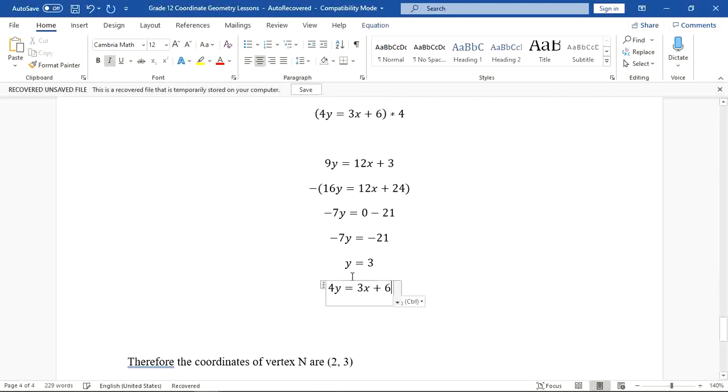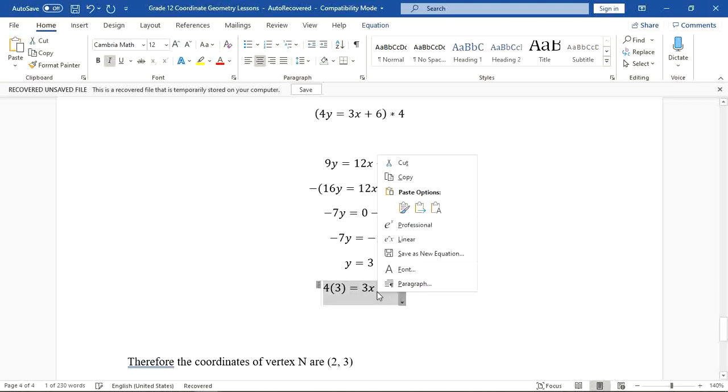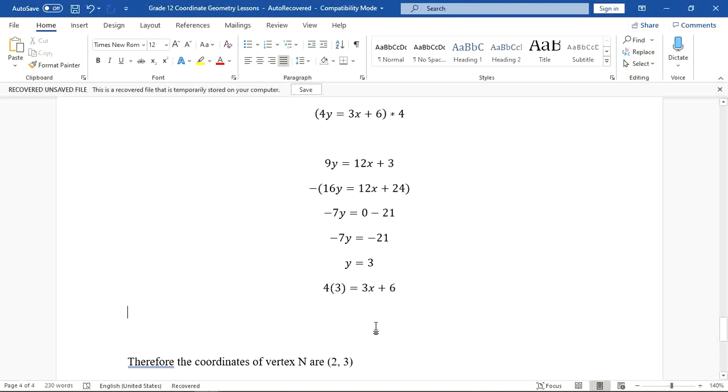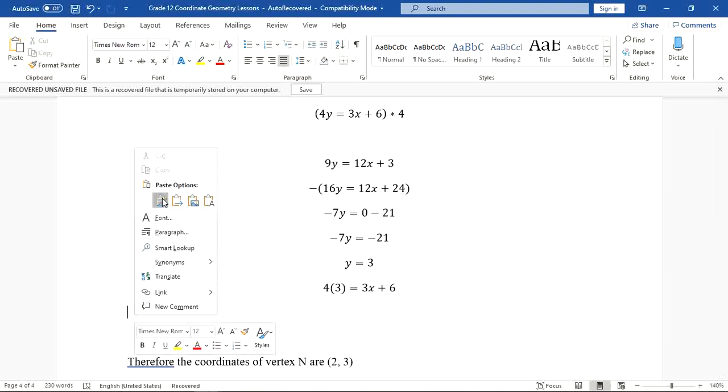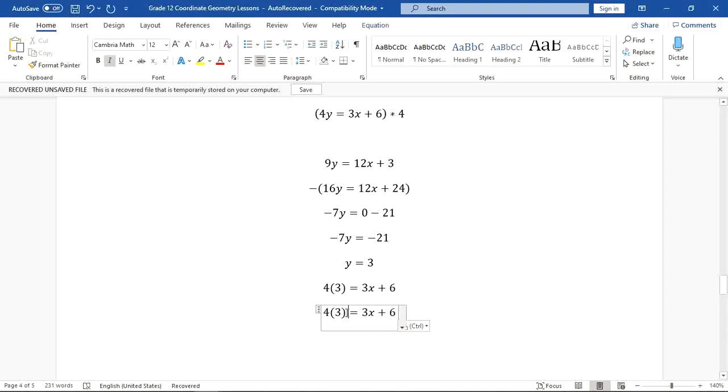So I should now substitute 3 into this. So open the bracket, and then I throw in the 3. So that is going to be 12 minus 6, so that this 6 can disappear from the right hand side.